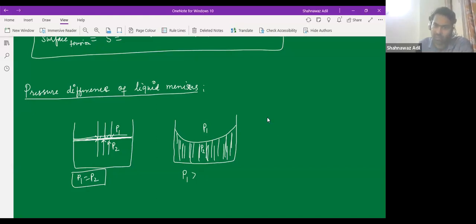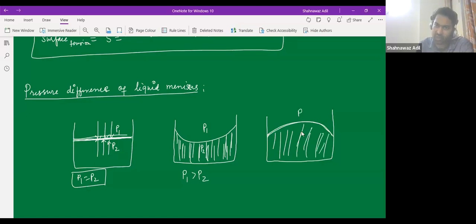Now you guys tell me, if I have this kind of a shape, and this is the liquid that you have, this is P1, this is P2, which one is greater now? P2 is greater than P1, right? Absolutely.